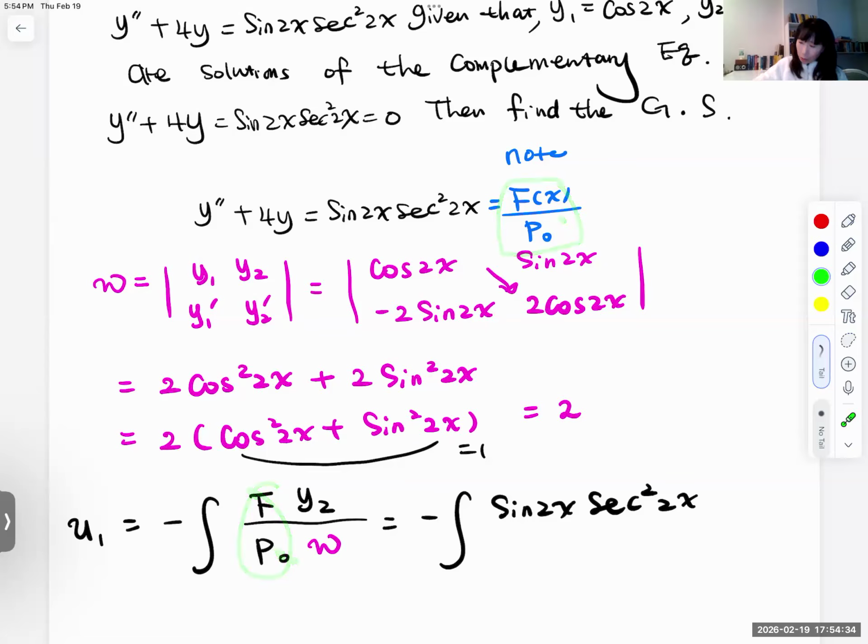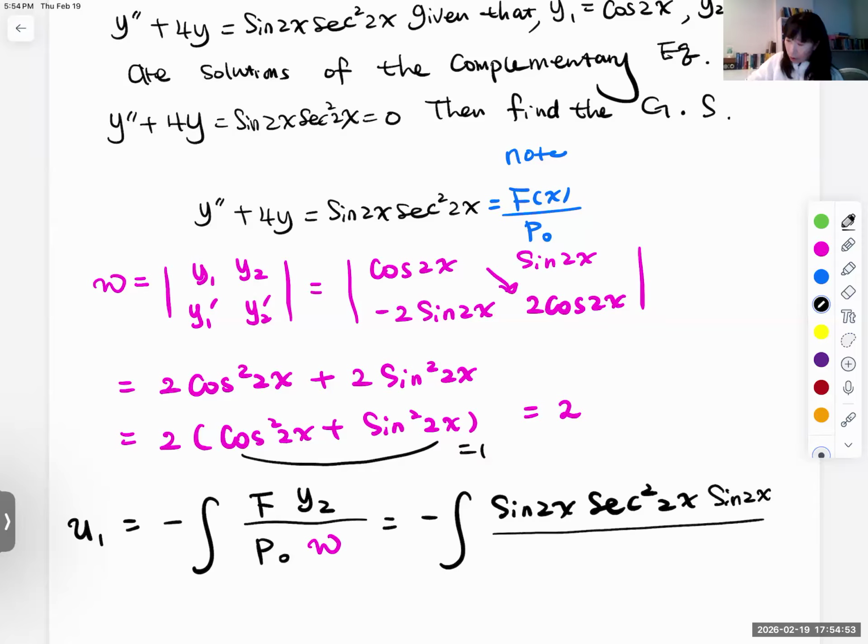And y sub 2 is sine 2x, now over 2, dx. Okay, what can you see?